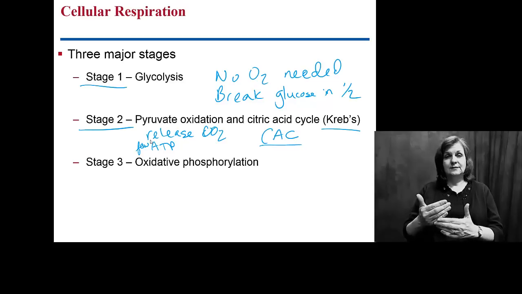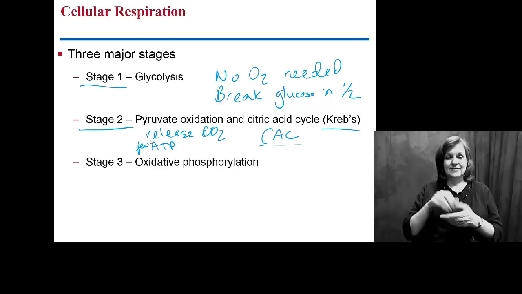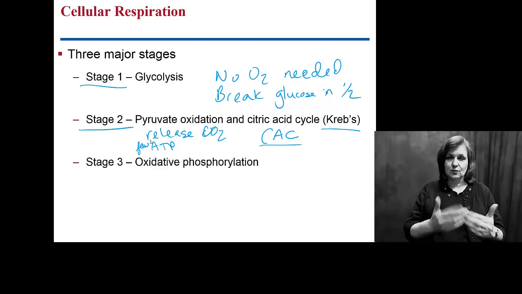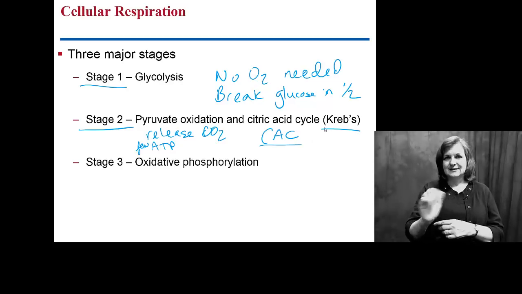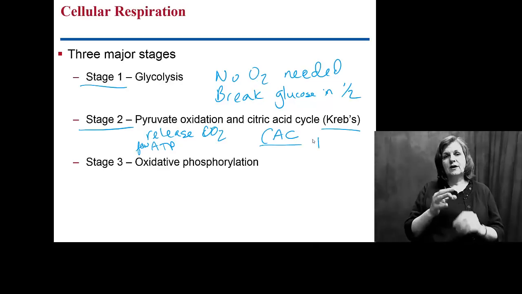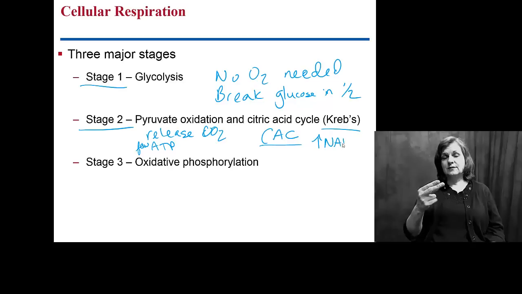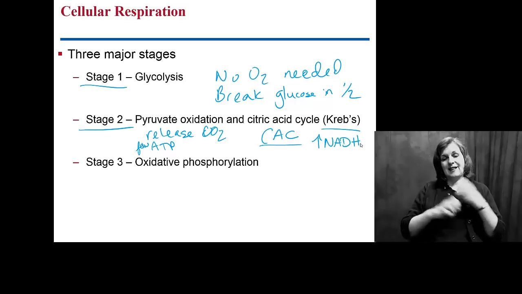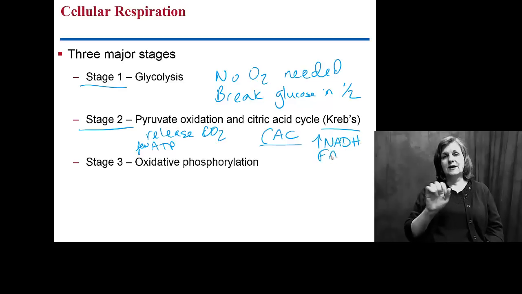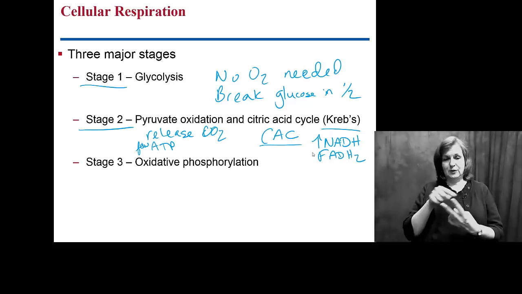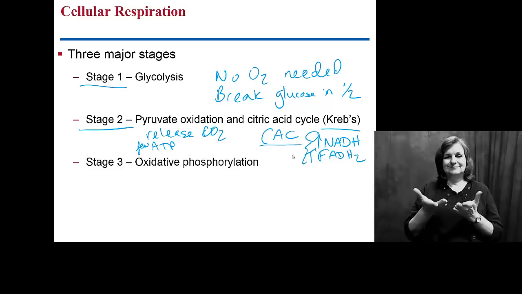The major contributor to this cycle and to this entire cellular respiration process is that the citric acid cycle makes very high numbers of NADH and a second carrier known as FADH2. These are electron carriers, remember?